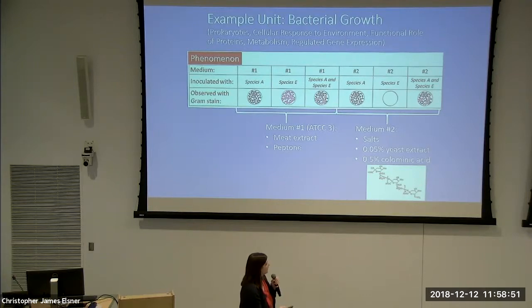It includes a polymer called colaminic acid. What you notice here is that species A can grow just fine. Species E does not grow. But when you mix a little bit of both species A and species E in this media, they will both grow up. We pose this as a puzzle to students.